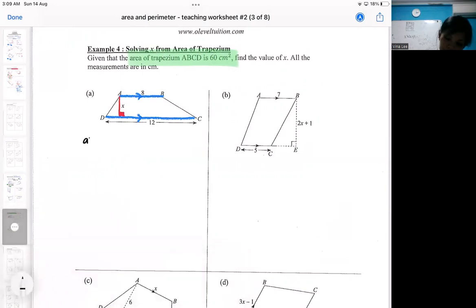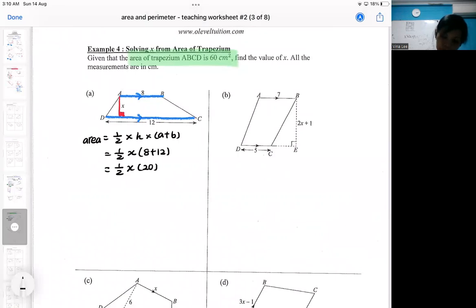So I will do my area. Half times height times A plus B. My height is x. My A plus B is 8 plus 12. So you can do it slowly. Half times 20 is 10. So I end up getting 10x centimeter square.